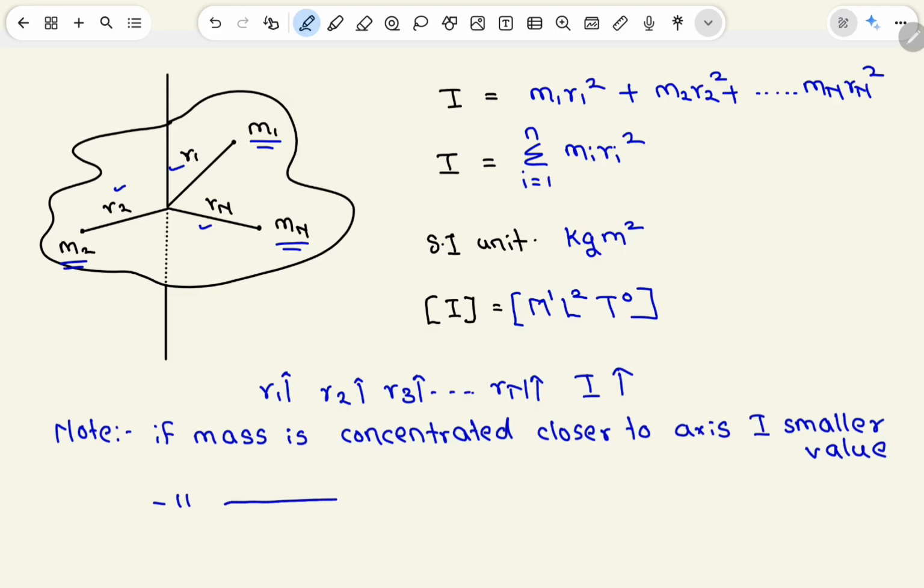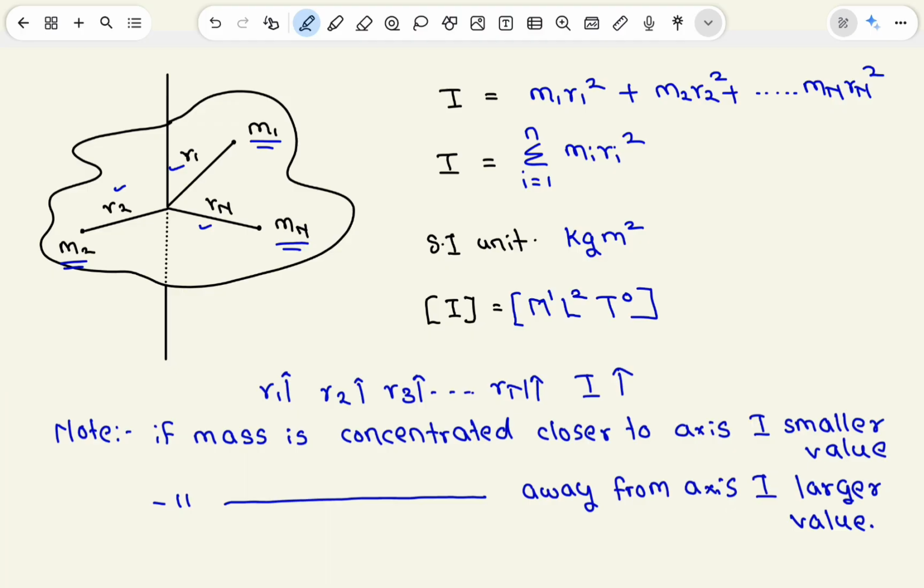But if the mass is concentrated away from axis, the moment of inertia has a larger value. So closer the mass is concentrated to the axis of rotation, smaller is the value of moment of inertia. Farther the mass is concentrated from the axis of rotation, larger is the value of moment of inertia.